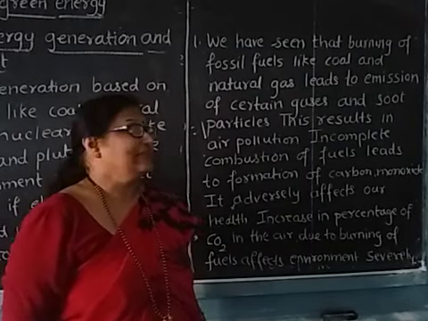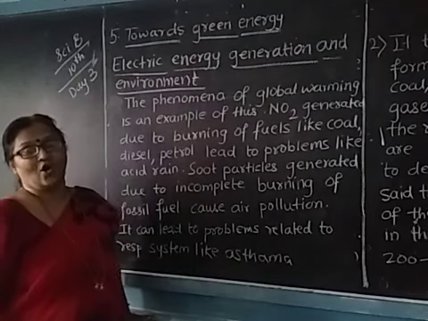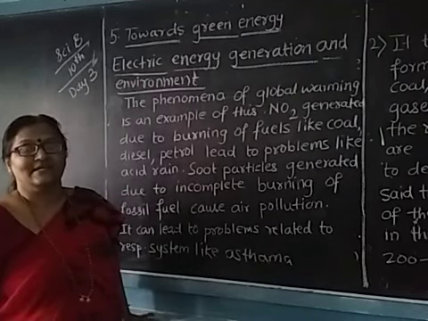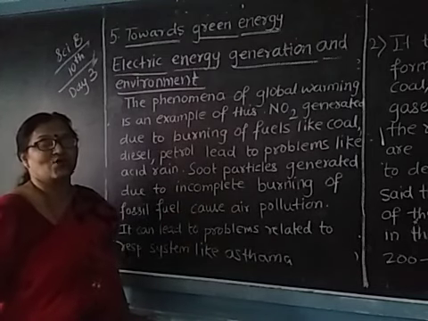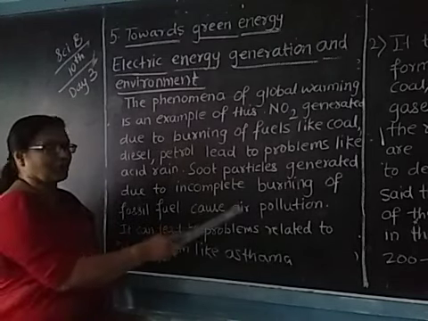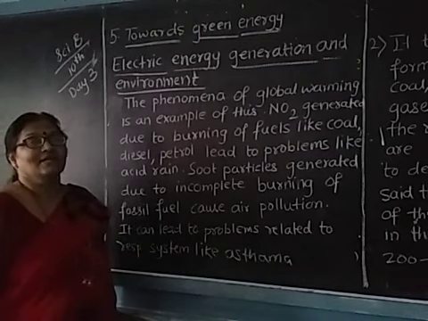The soot particles generated due to the incomplete burning of fossil fuels cause air pollution. These soot particles are very tiny but cause a very high level of air pollution. Whenever there is incomplete burning of fossil fuel, soot particles are formed, and these may disturb the air ecosystem.